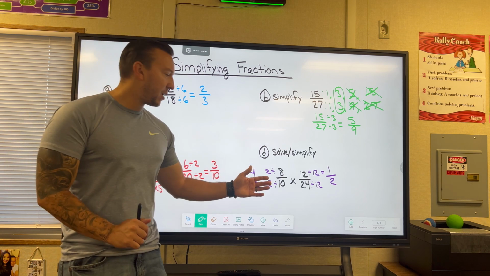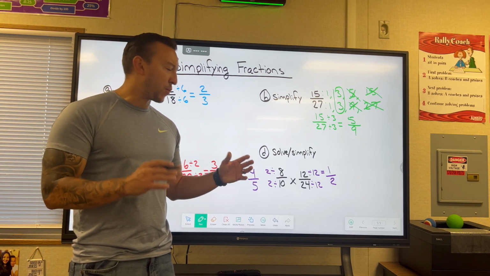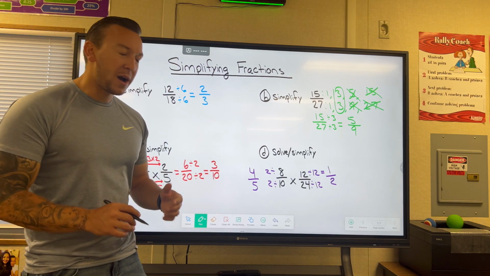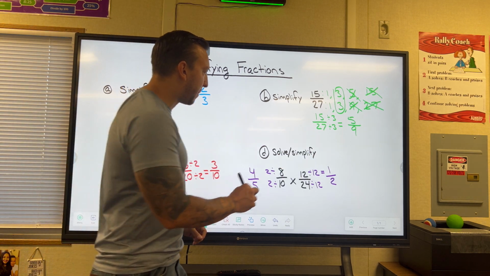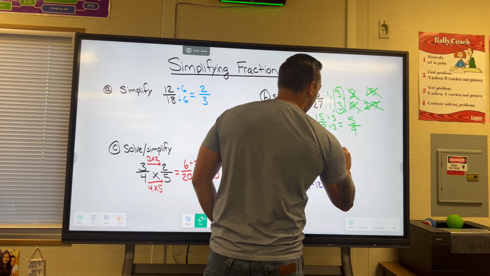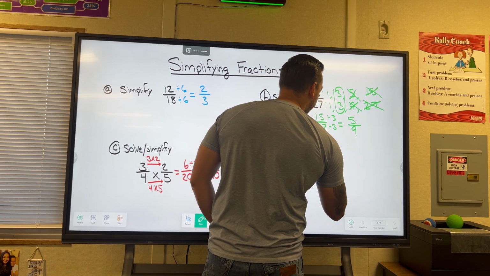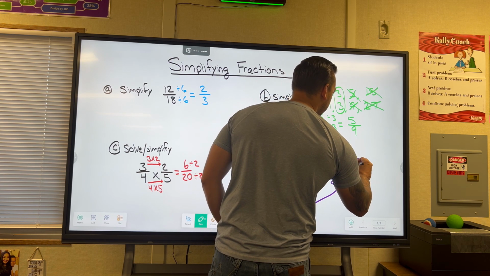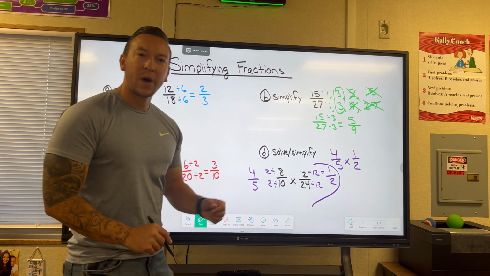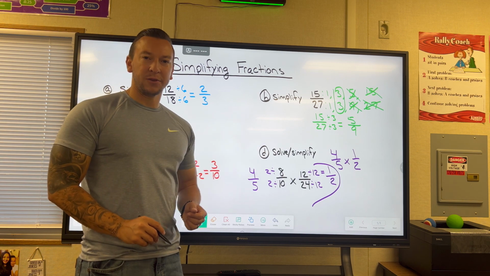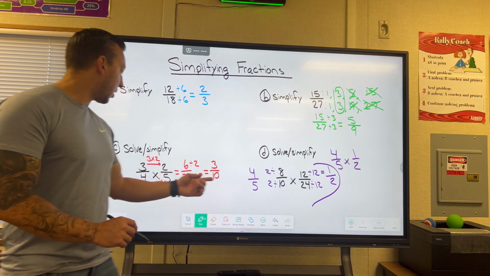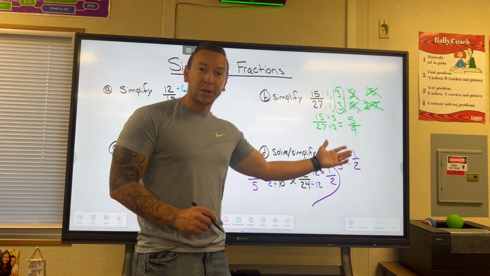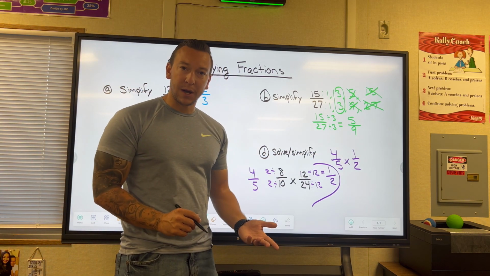So now, instead of having to do a really big problem like 8 over 10 times 12 over 24, I want you to look over here. Now my problem is 4 over 5 times 1/2. Look how much easier that is now. Now we're going to follow the same exact steps we did last time. We have a fraction multiplied by fraction problem.